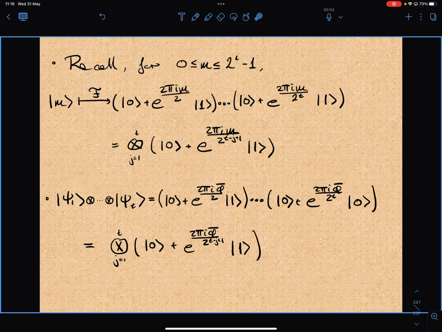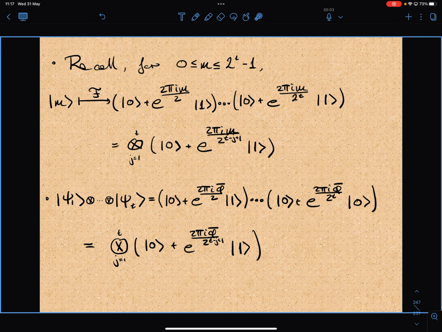And recalling the definition of the Fourier transform, it takes an integer in this range and maps it to this product of qubits, where you take 2 pi i times m and divide by 2, and then for each product you increase the power of 2 in the bottom until you get to the last one, where the phase is 2 pi i m over 2 to the t.